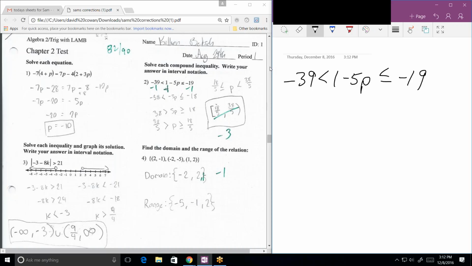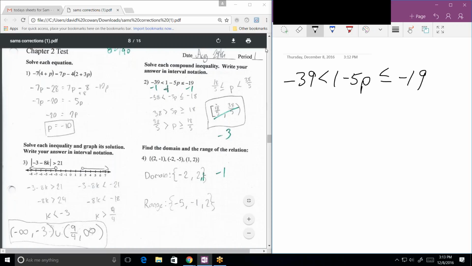Okay. What I'm going to try to do is get p all by itself. So what's the first thing I have to do to get p all by itself? Let's get rid of that 1. We have a 1 there that we don't need. So I have to subtract 1 from both sides.